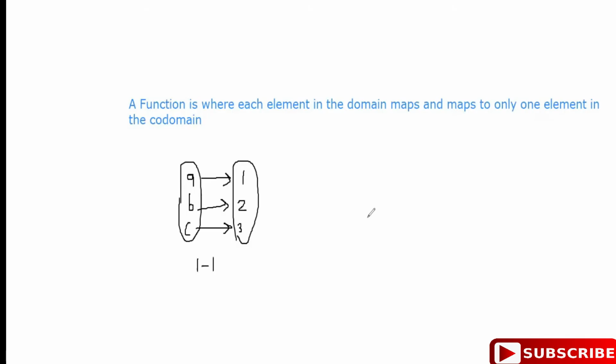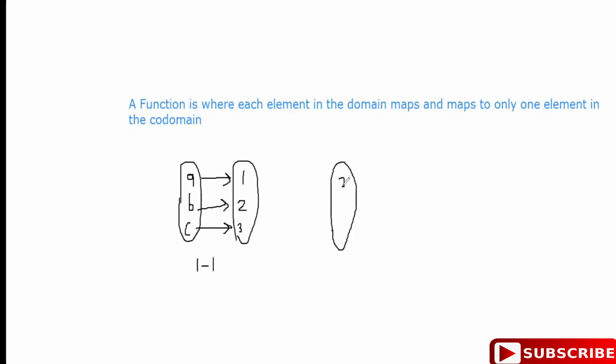So typical examples: a one-to-one function, you can have A, B, C. Each element in the domain has to map to one thing. So A maps to 1, B maps to 2, C maps to 3. This is known as a one-to-one function. That's a function.